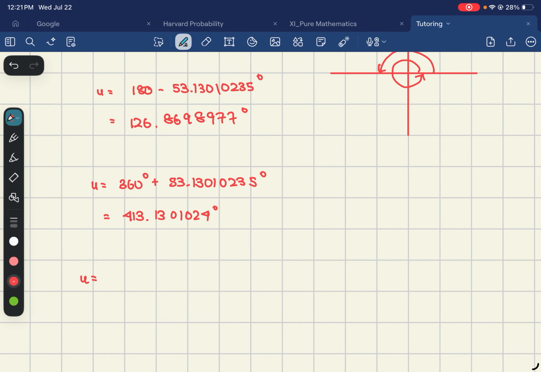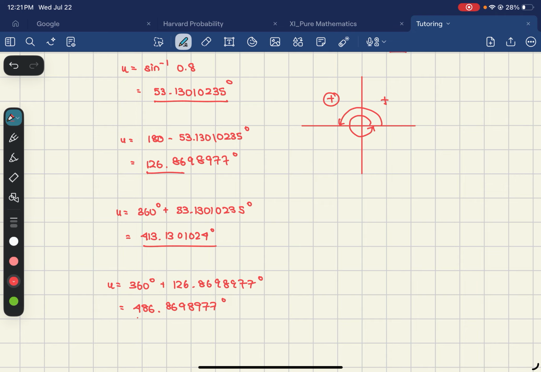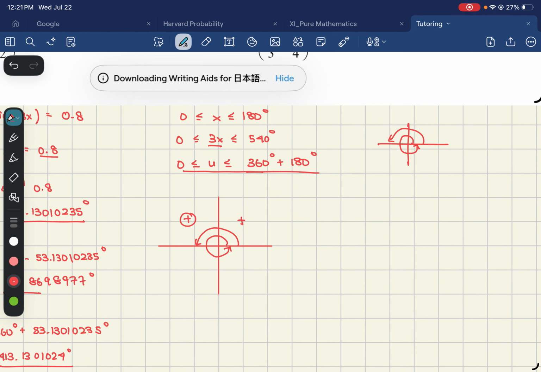If I add 360 to the other, then I get 486.8698977. All right, so I have my 4 solutions for u, because I was working with u, right? And u went to 540 degrees, which is 360 degrees plus 180 degrees.